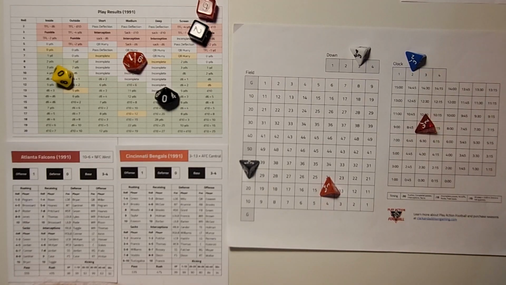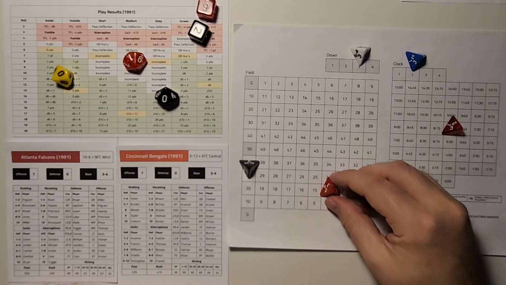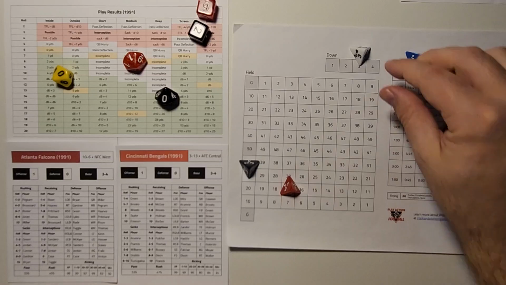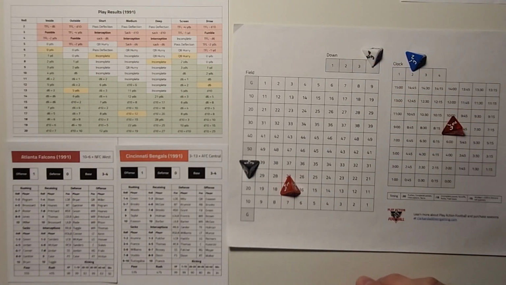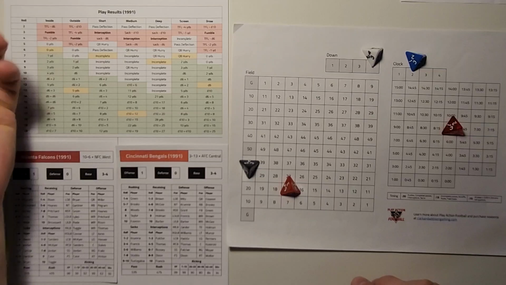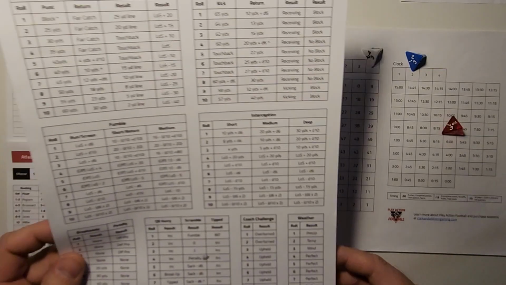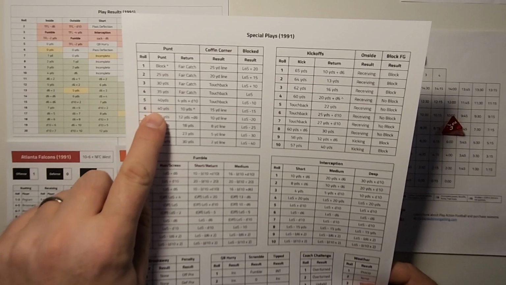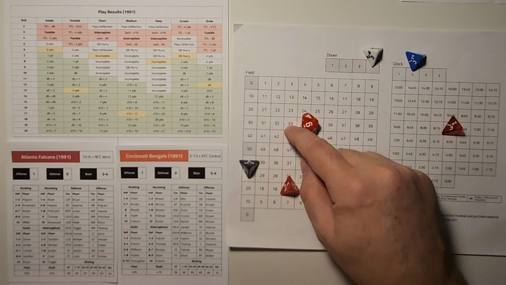And that's not going to be enough for a first down. So that's going to take the ball to the 27, but it's going to take us to 10 minutes left in the half. We're going to get a punt from Cincy. And a 6. That's going to be good for 40 yards. So 10, 20, 30, 40.